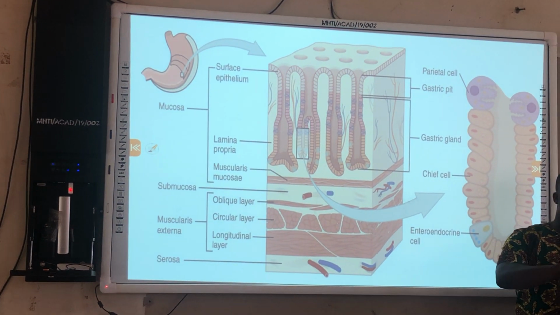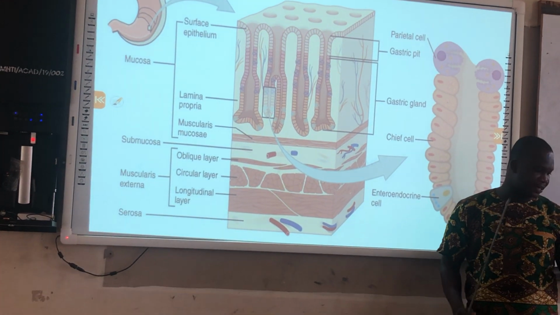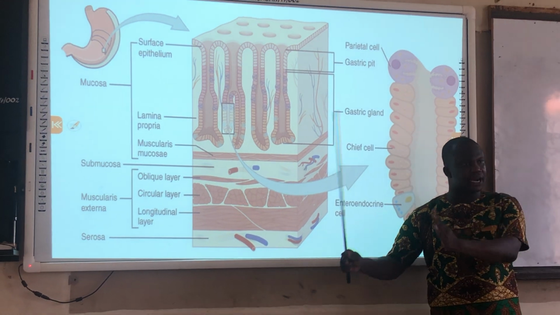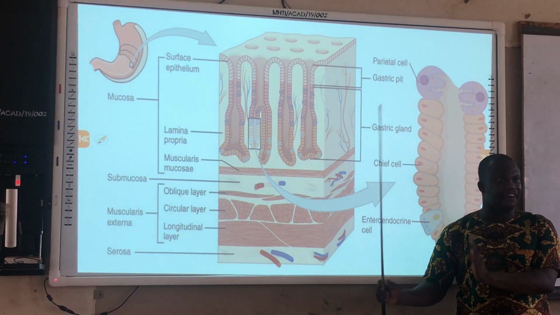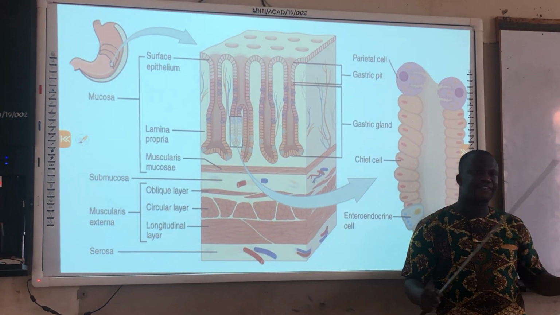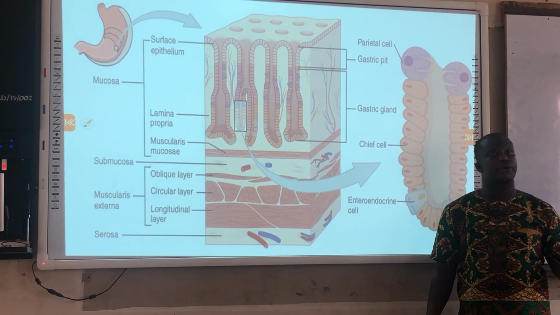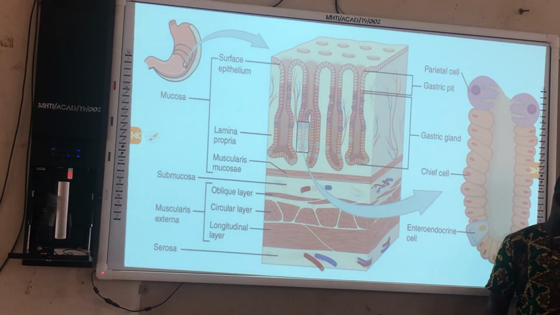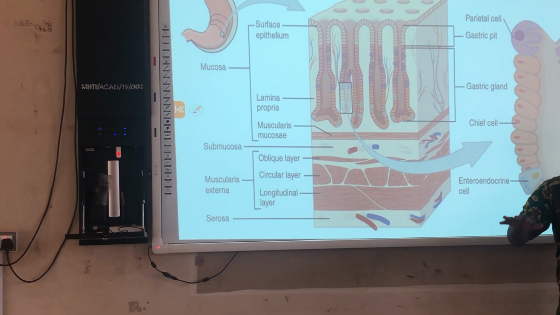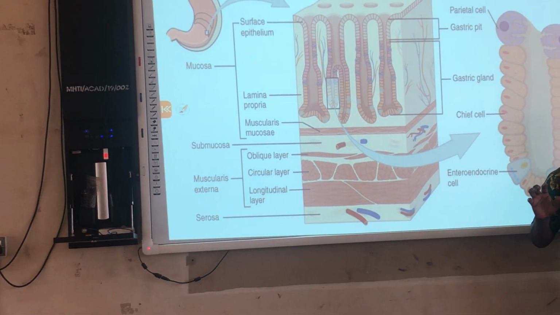Both serotonin and histamine are autocrine regulators. So they secrete these autocrine regulators. That is one function of these cells. Another function is that they also produce mucus. And the mucus coats and protects the stomach lining from acid damage.